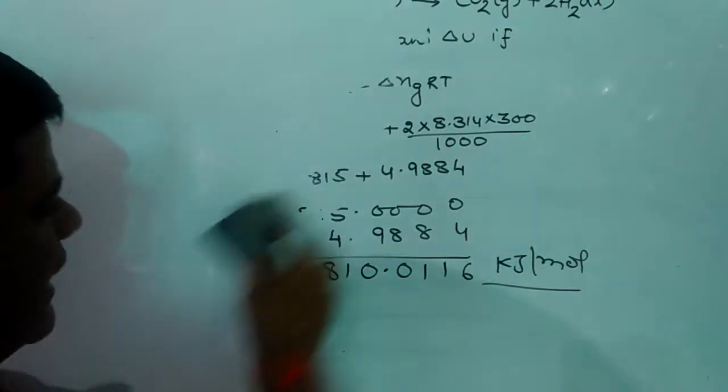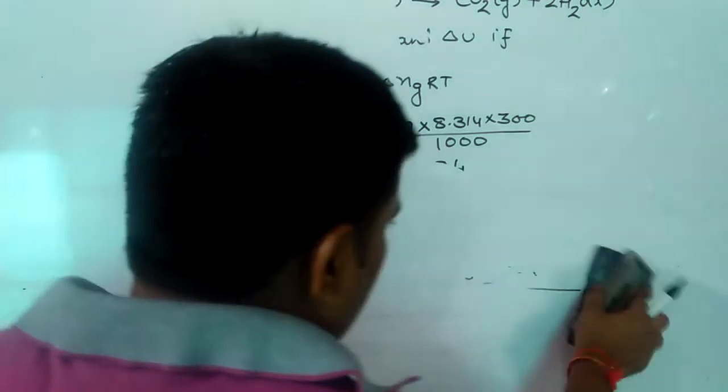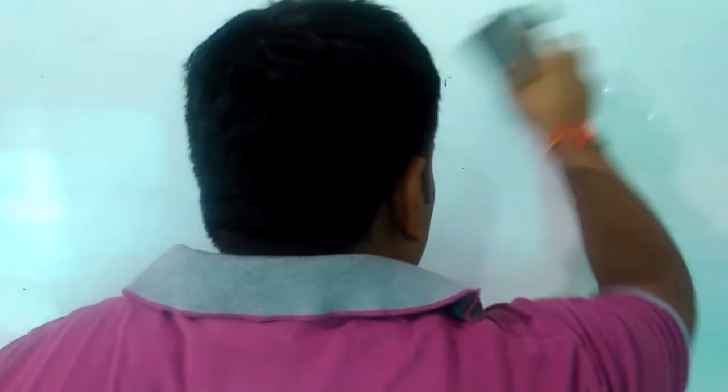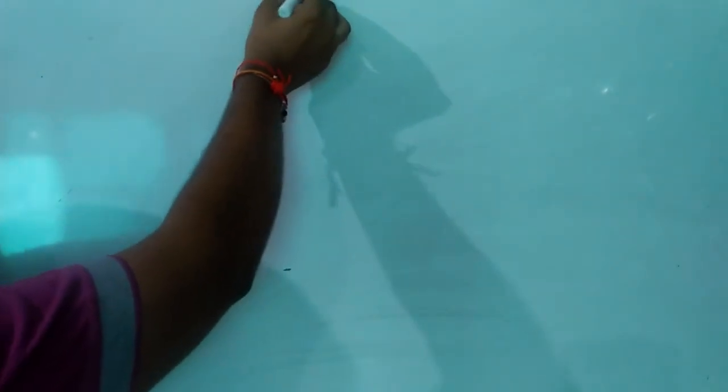Next, if we want to calculate the enthalpy of formation of any compound, then we can use Hess law. Enthalpy of formation of any compound can be found out by use of Hess law. Already I mentioned what Hess law is and what its applications are.